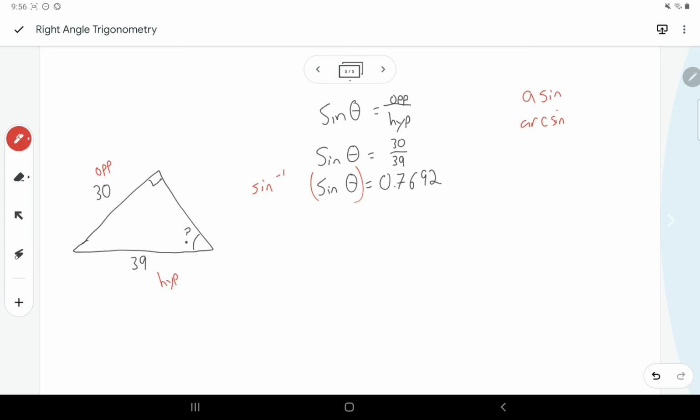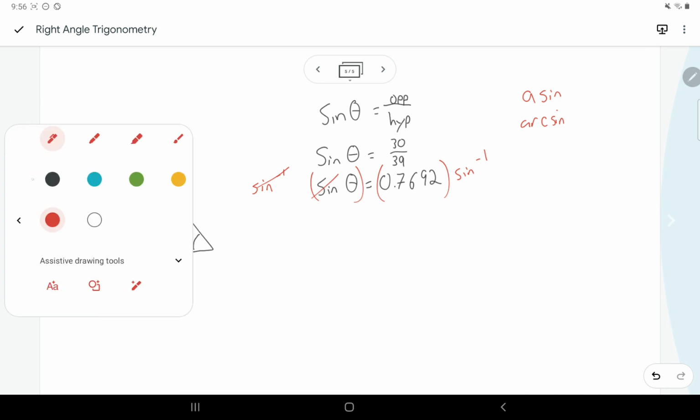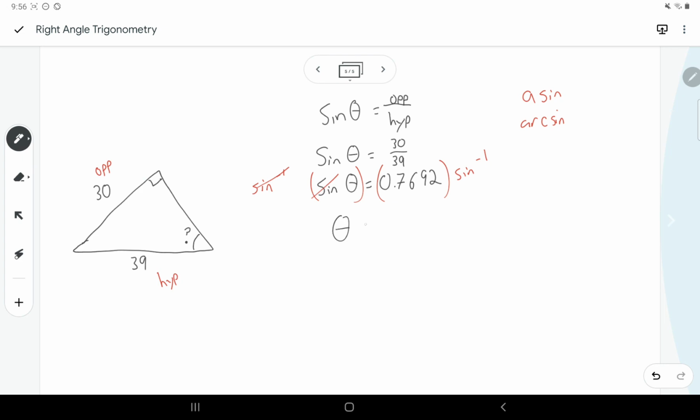And what that does is it just gets rid of the sine to leave us with theta. But we'll remember that math is fair, so we have to do the same thing to the other side. So the inverse sine of 0.7692. And if you do that on the calculator, you should get your answer. Theta equals 50.3 degrees.